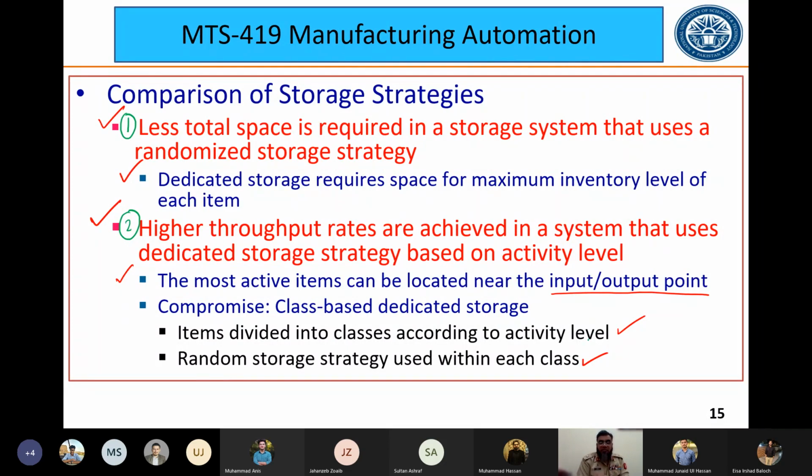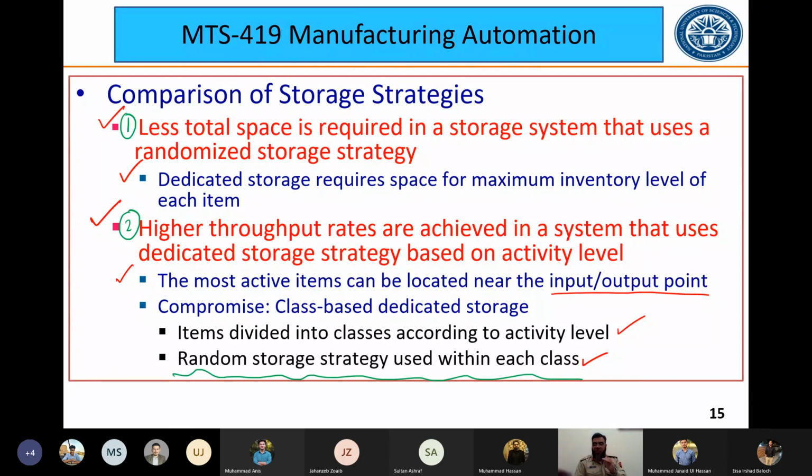We have talked about it, and just look at this sentence that random storage strategy used within each class. So whatever dedicated space is available to us for a certain SKU, within that dedicated space, random storage would be used, and random only for one type of SKU.